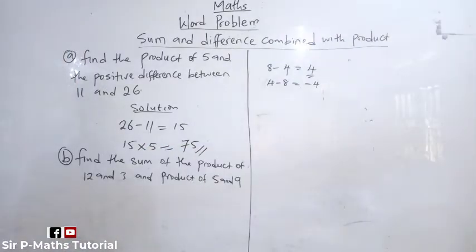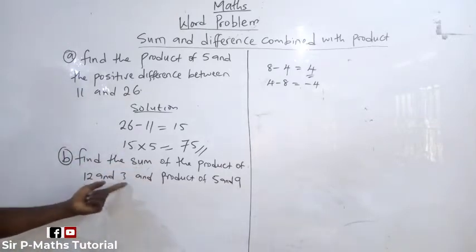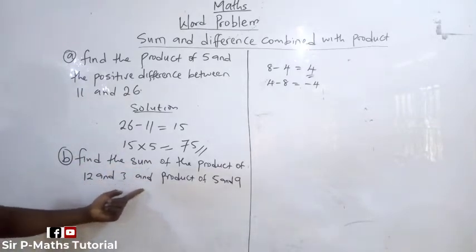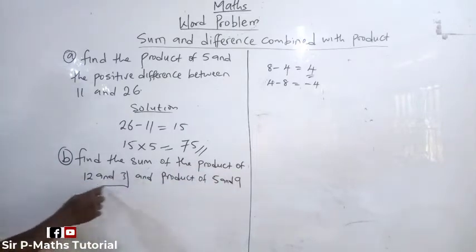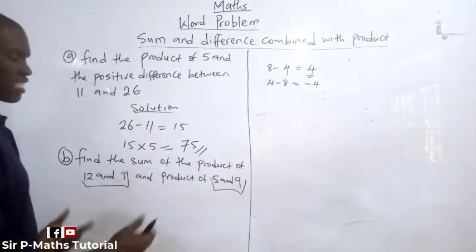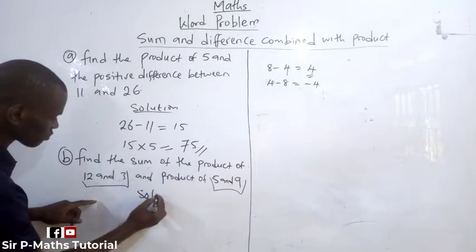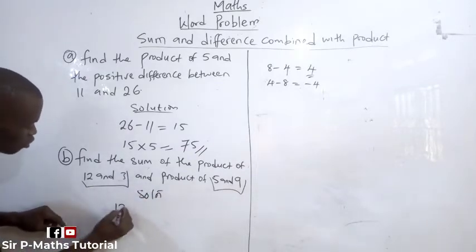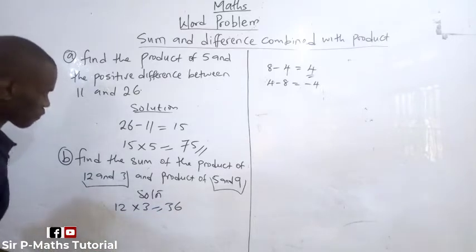So let's solve another problem here. The sum of the products of 3 and 12 and the product of 5 and 9. Therefore, I'll get the product of 12 and 3, get the product of 5 and 9, and sum the both of them. Okay. Now the product of 12 and 3 will give me 36.